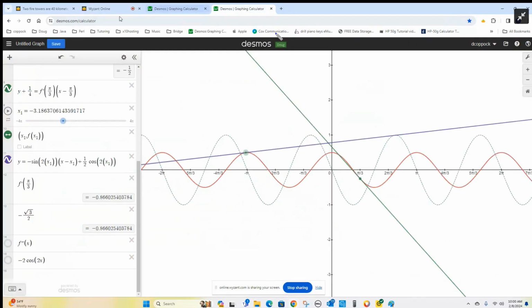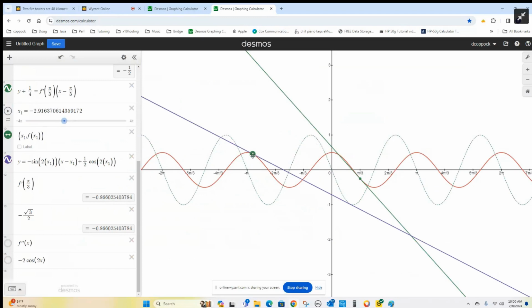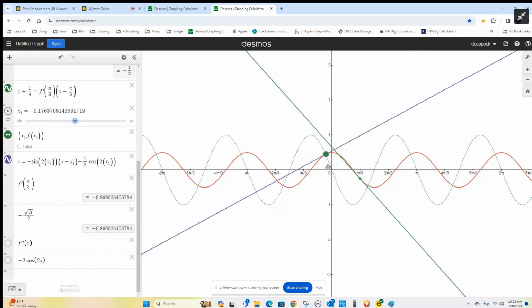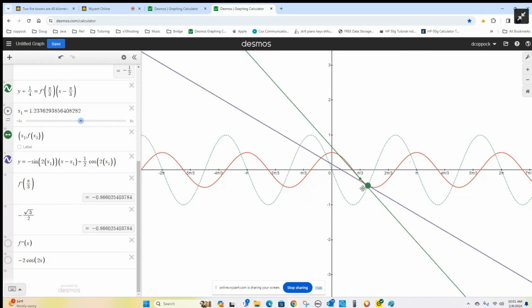You might want to take a look at this graph later to see some stuff you can do on Desmos, but here's the tangent line at any given point on the original function. I'm moving that point along. There's the one that coincides with the tangent line at pi over 3.